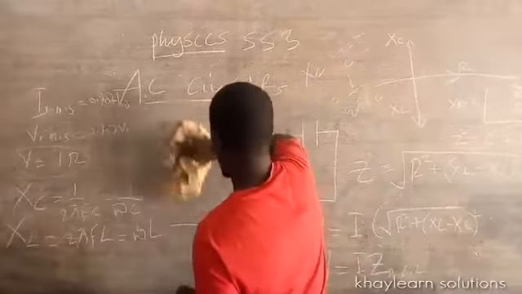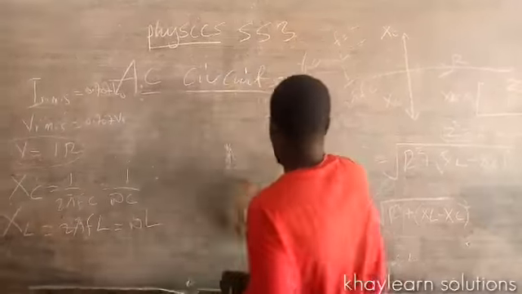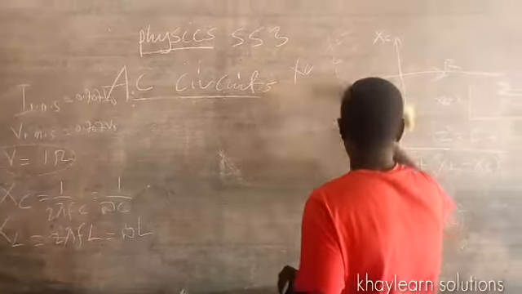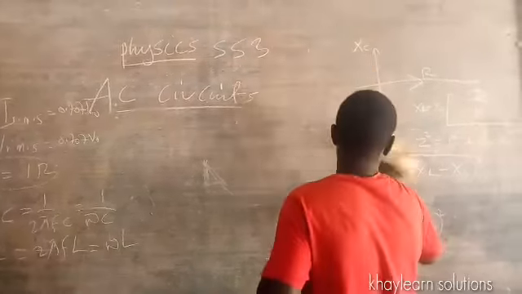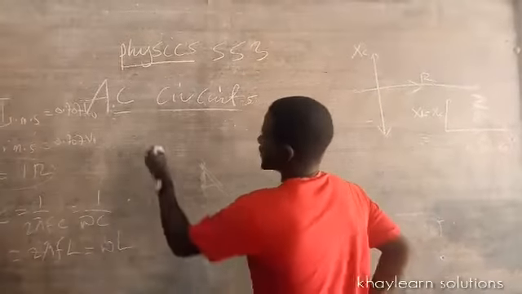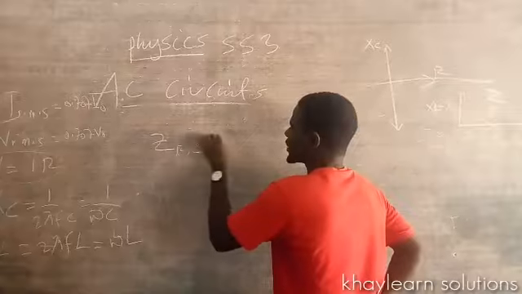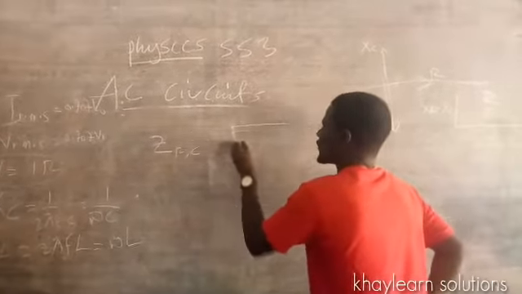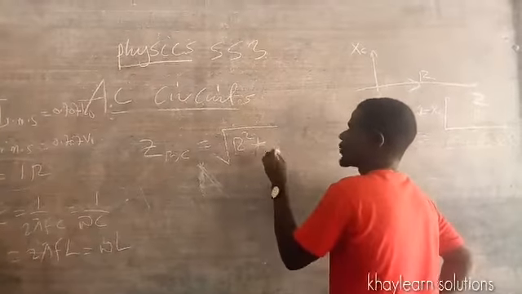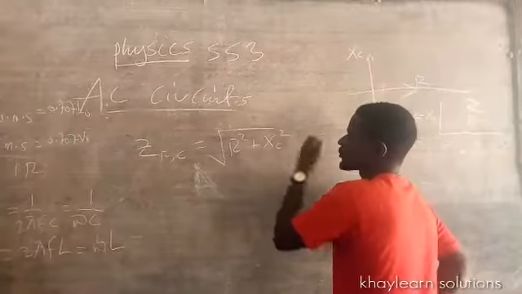Next to hold here is the impedance across the circuits. When one item is connected, impedance is not regarded. But when two items are connected, the impedance of resistor and capacitor is the square root of resistance squared plus capacitive reactance squared.